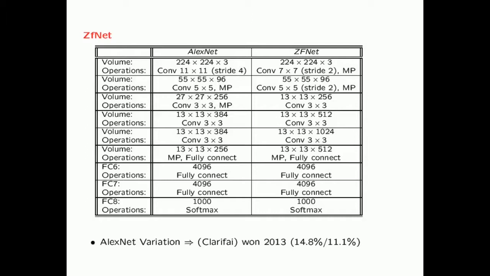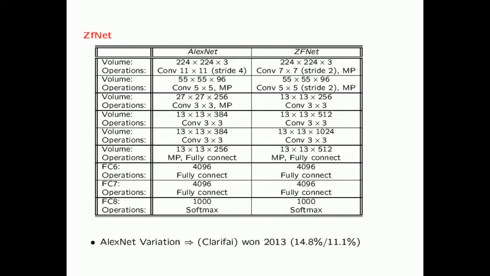However, the number of filters vary. In the last 3 spatial layers, you have 384, 384 and 256 filters in AlexNet, whereas in ZFNet, you have 512, 1024 and 512 depths. That tends to increase the capacity of ZFNet, because with a larger number of filters it can capture more features.